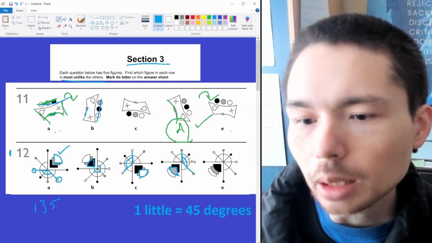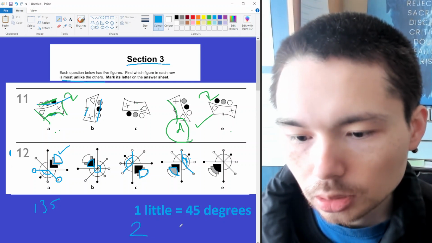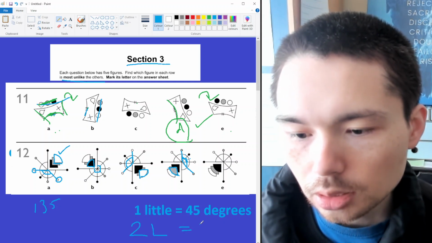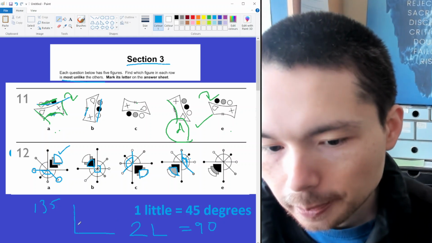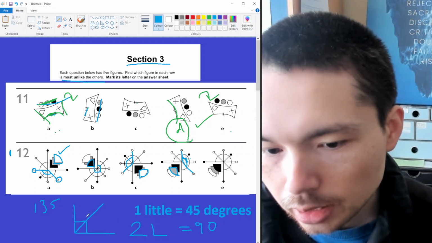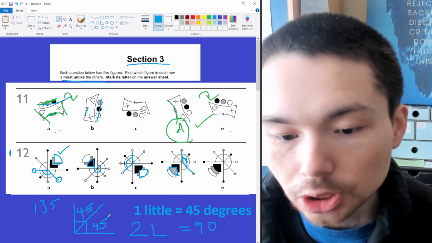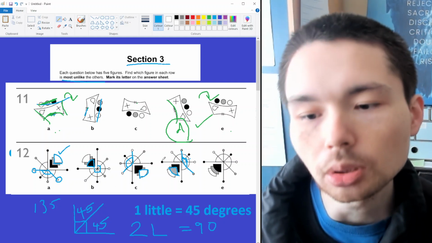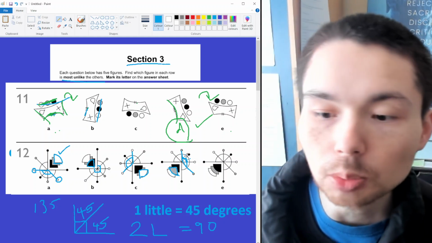And how do we know that? Because 2 little sections is equal to 90 degrees. If I draw that properly like this, that's 90, but I'm cutting it in half. So 45 here and 45 here. I just want to explain that just in case a student might not be sure. So overall, we have 45 plus 45 plus 45 is 135.